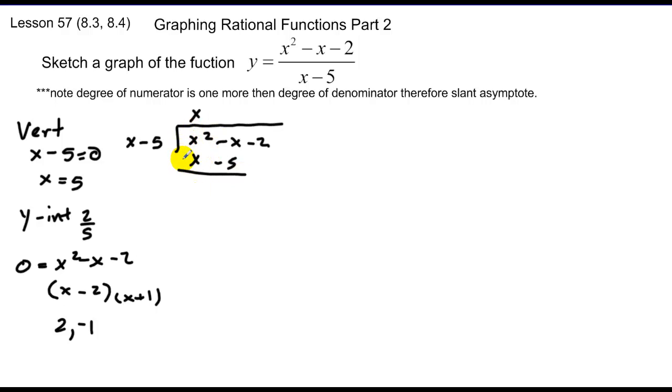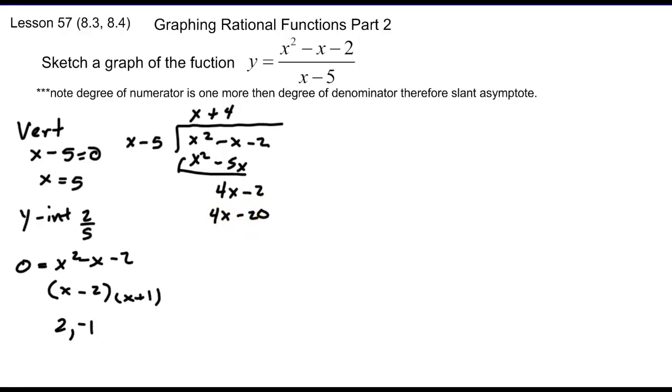And now we have to subtract, don't forget that. And when we subtract, both go to opposites, so this ends up as 4x minus 2. And then you'll notice x times what is 4x? That's a positive 4. So I get 4x minus 20.